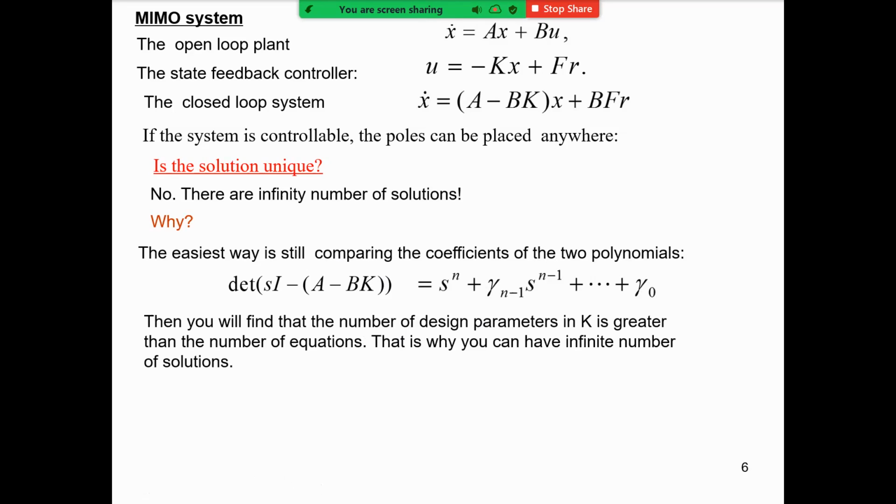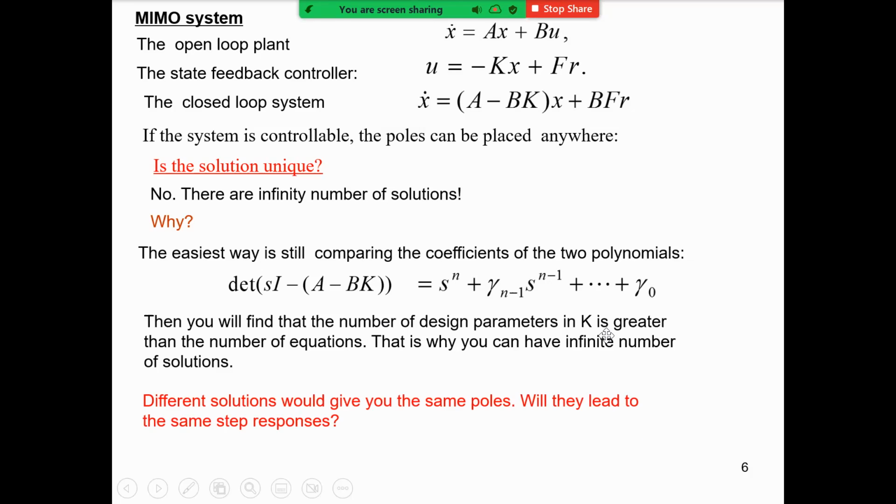So you can just understand in a very simple way. You will not get just one solution. If K is a vector, then you only have n design parameters. That can explain why for the single input case, you only get one solution. Okay, so that's one way to understand why you have multiple solutions. We just understand it in an algebraic way.